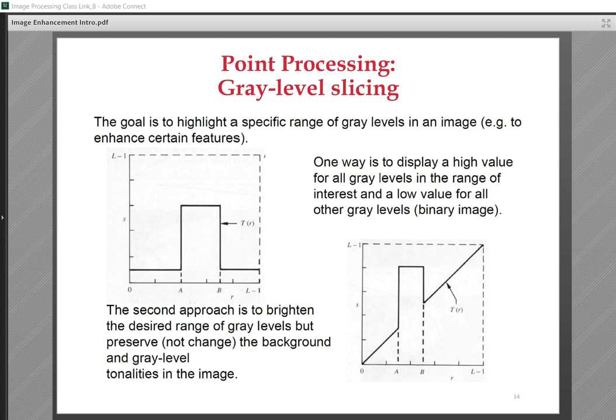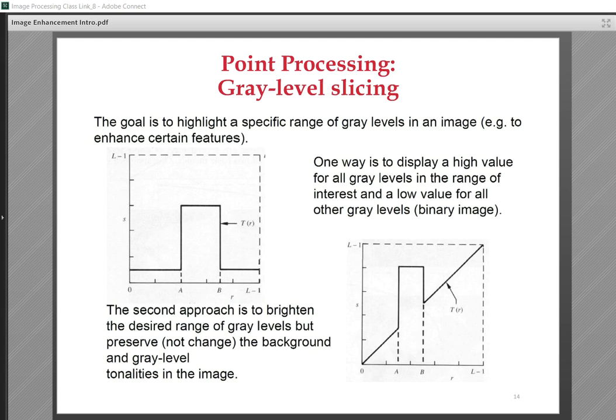All of these items have a fixed gray level, and these items between A and B have a fixed but brighter level. For all other items, we have a linear transform.